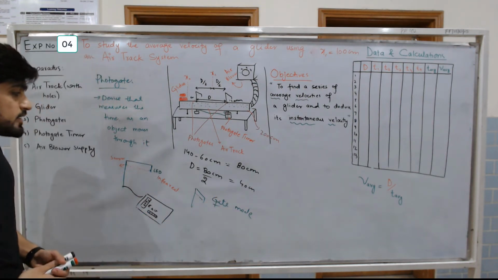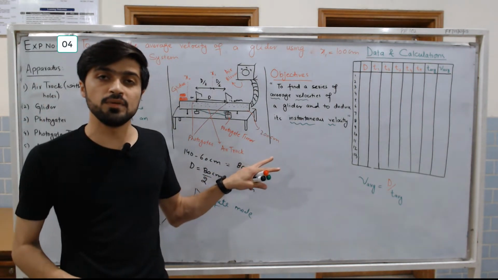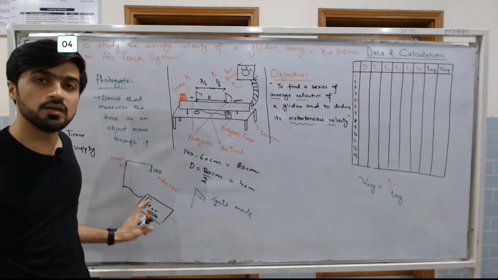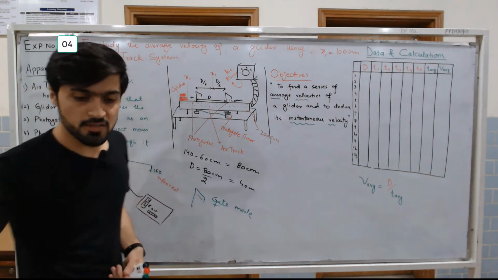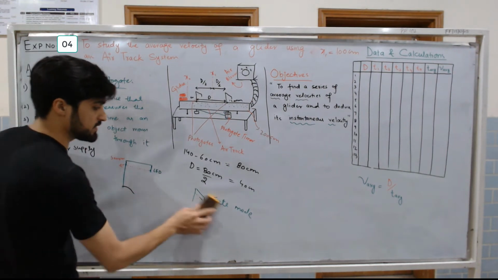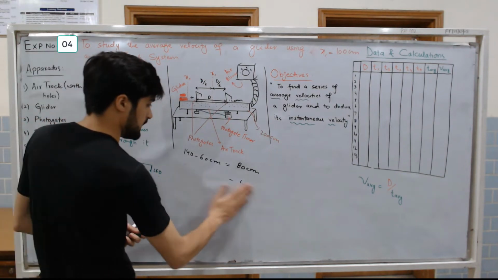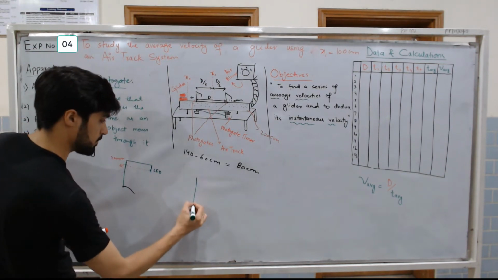Now there is another mode, the pulse mode, and in our experiment, we will be using this photo gate timer in the pulse mode. For the pulse mode, 2 photo gates are required. We will need 2 photo gates of exactly the same length and size. So let's say we have another photo gate here.